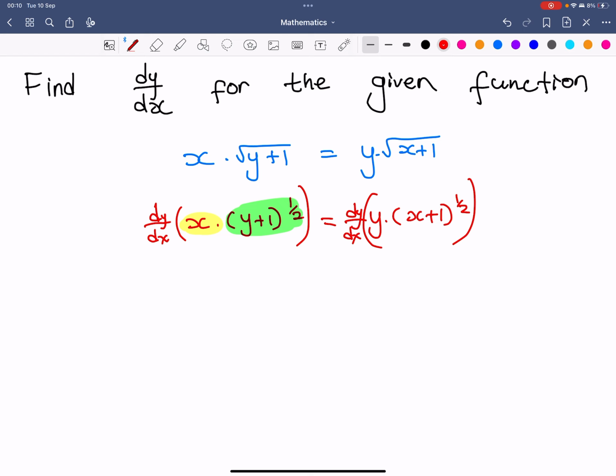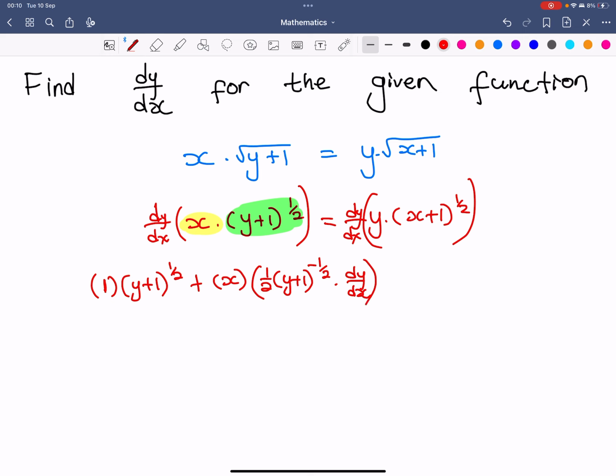Then this becomes 1 multiplied by (y plus 1) to the power 1 over 2, plus x multiplied by the derivative of this part, the green part: 1 over 2, (y plus 1) to the power minus 1 over 2, multiplied by the derivative of the inside, which is just dy over dx.